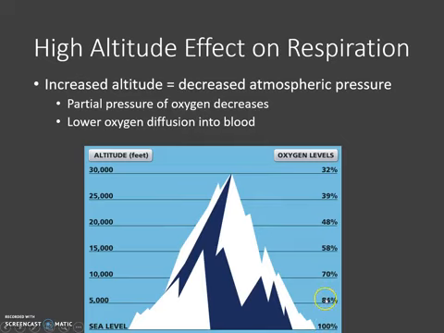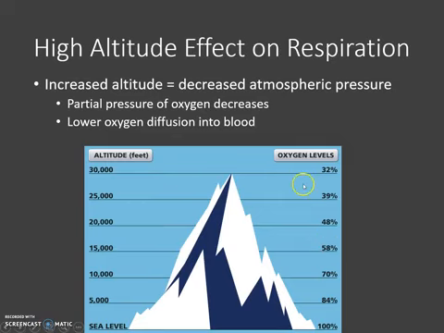Now, to give you an idea, Phoenix is about 1,500 feet above sea level, and Flagstaff is at about 7,000 feet above sea level. So Flagstaff probably has about 15 to 20% less oxygen in the air than we have here in Phoenix.